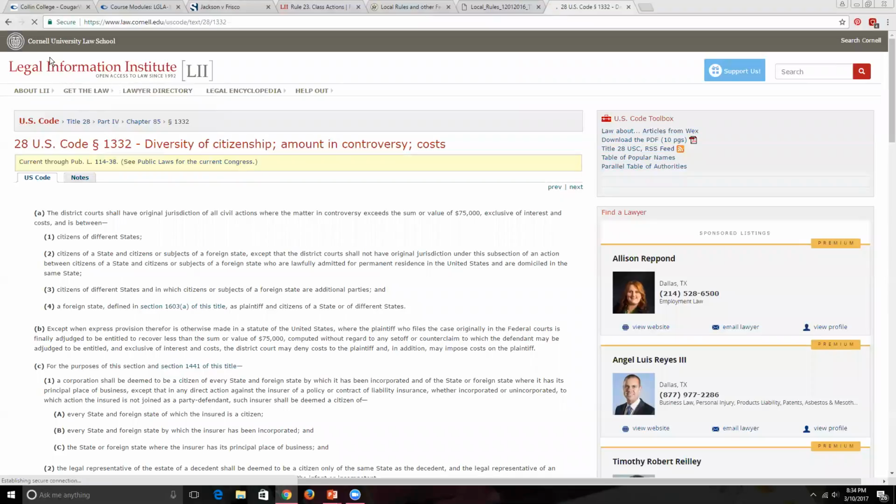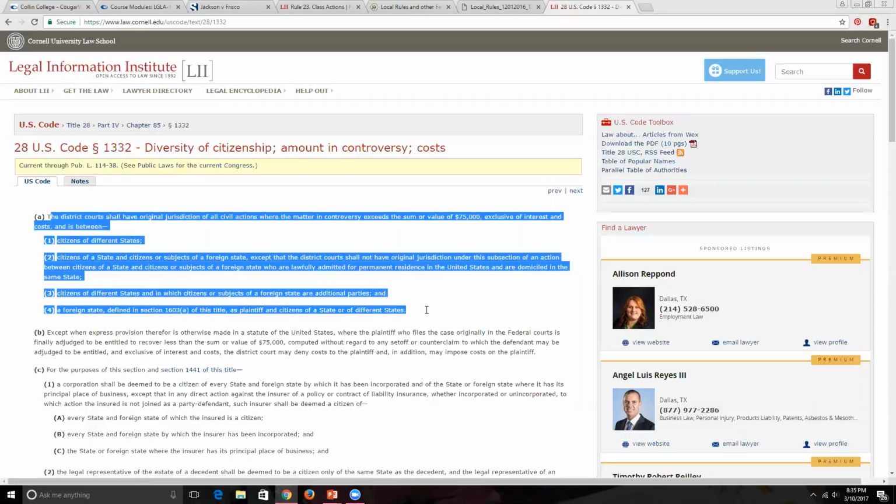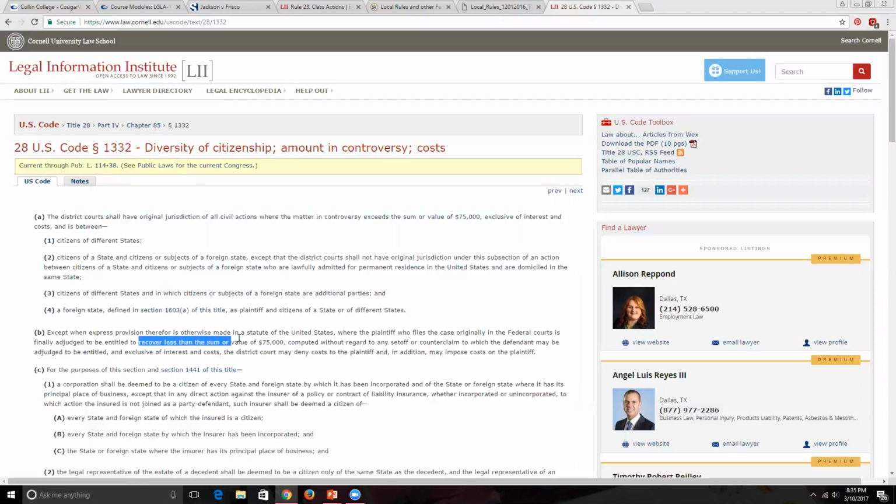Again, we've gone to the Cornell website. And this is, again, diversity of citizenship, and we can see the way that you get diversity. Again, this is the stuff that we talked about in class about complete diversity. And then we see here the $75,000.